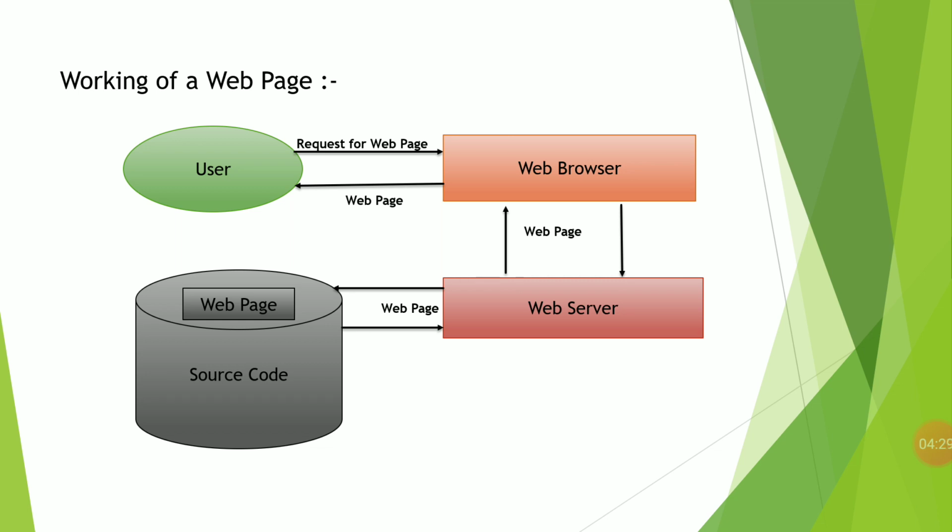Once the server finds the page the web user is searching for, the web server's response goes to the web browser, and then the web browser immediately sends the response to the user. So this whole cycle completes whenever you search any web page on the internet. Hope you all understood this.